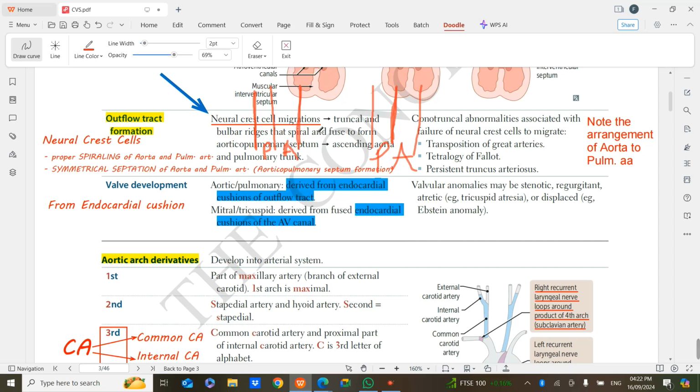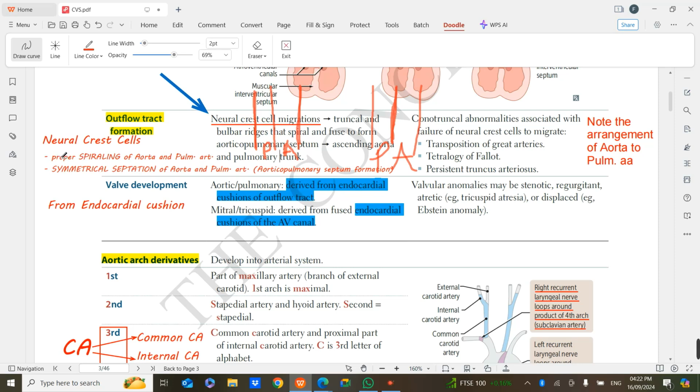So they now give a question where that arrangement is distorted. The question says they notice that the pulmonary artery is posterior, and the aorta is now anterior to it, on top of it. Where do you think the problem is coming from? Neural crest cell. They are not properly arranged.